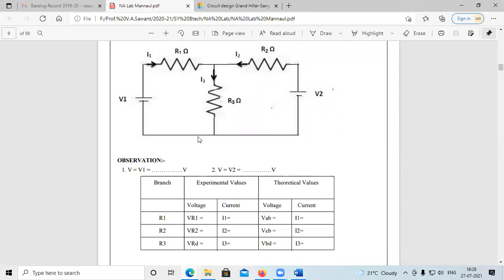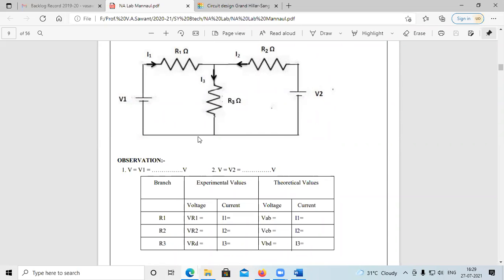So it is 10 minus 5 I1 minus 3 into I3 equals 0. Here I3 is I1 plus I2.